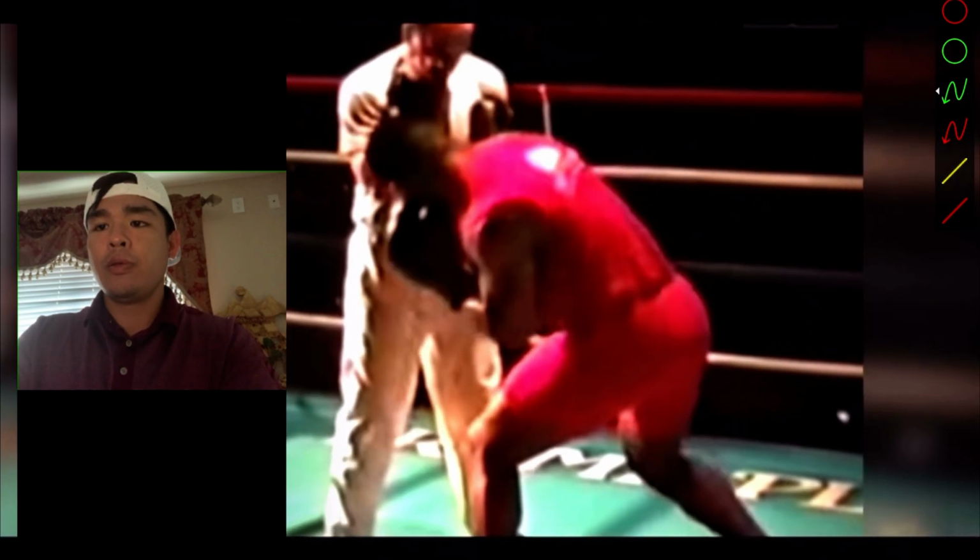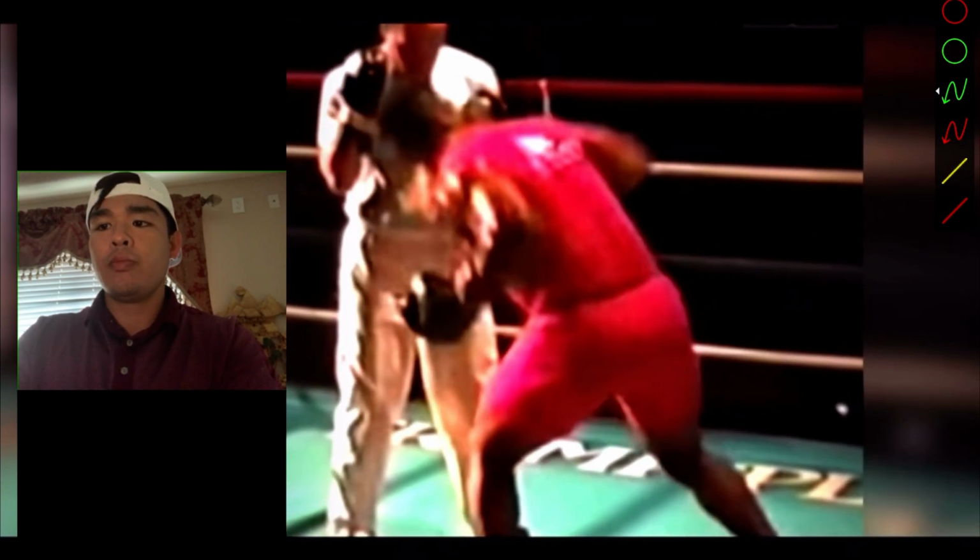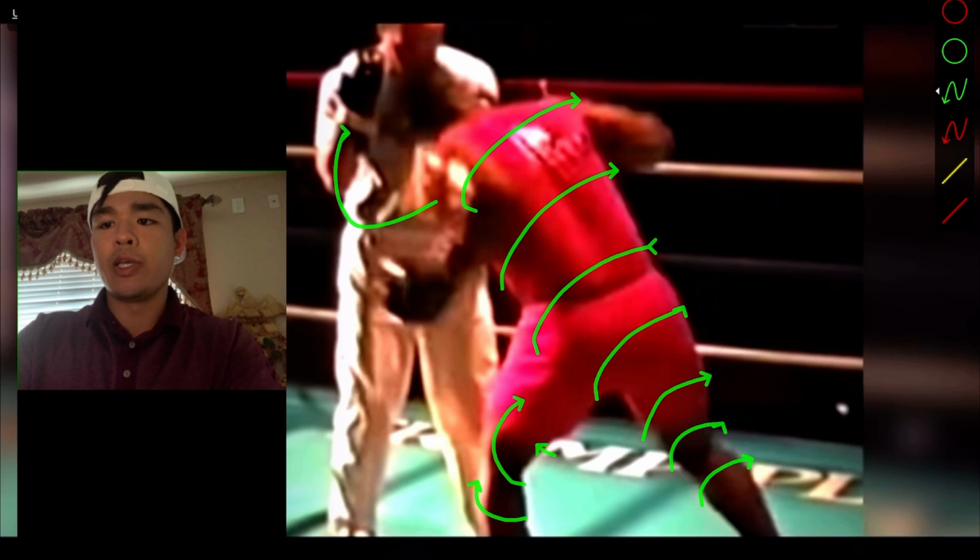Okay. Boom. So look at that. So on this side, it's rotating, and that sets up the left. Right? Even the front leg begins to rotate.